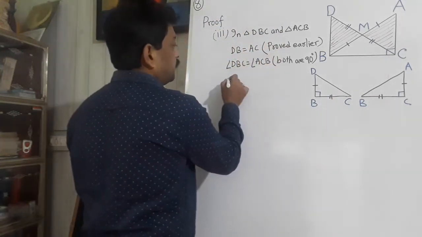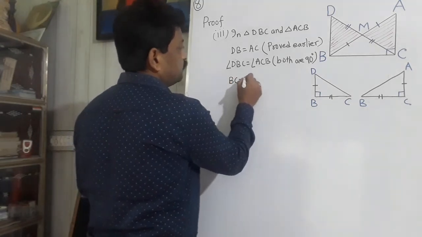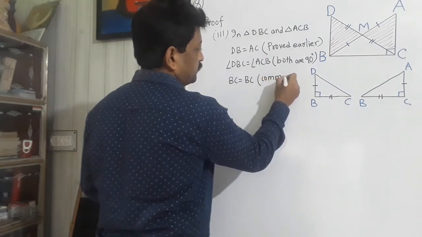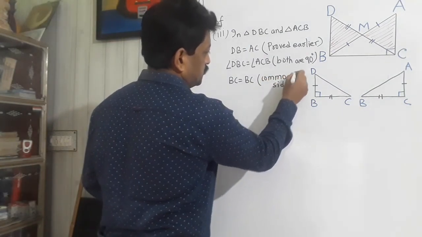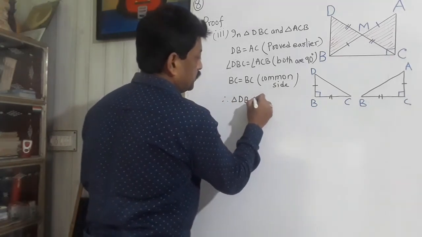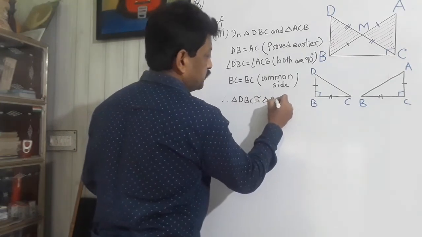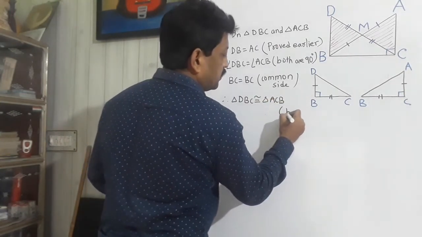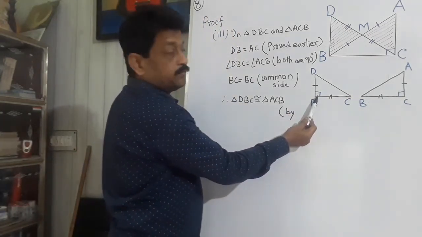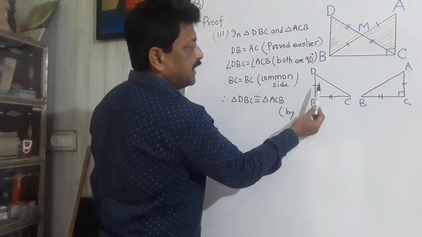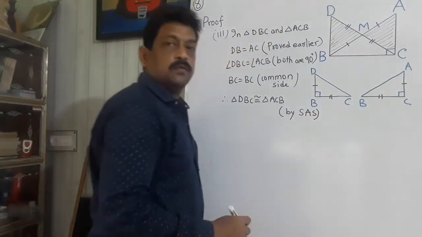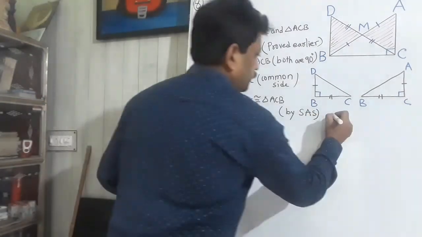And BC equals to BC, common side. Therefore, triangle DBC is congruent to triangle ACB. Now, what is the congruence criteria here? See the diagram, two sides and the included angle. So we can say that it is side angle side criteria by SAS. Proved? Okay.